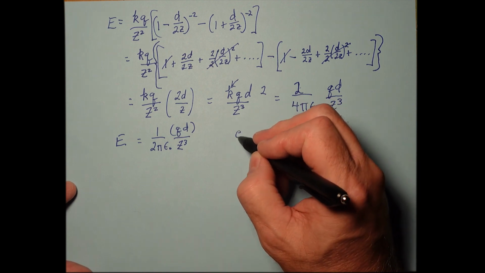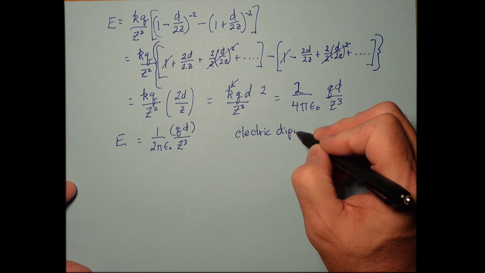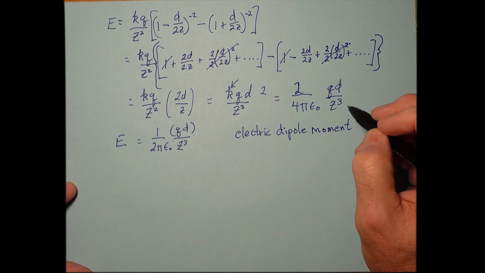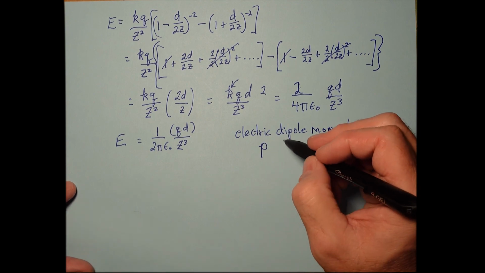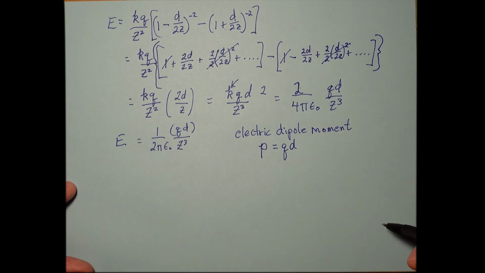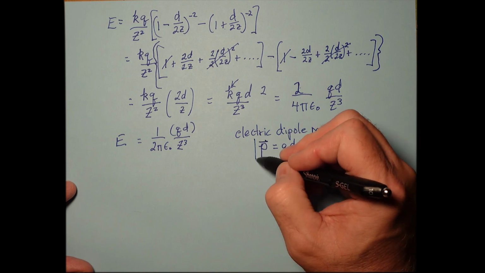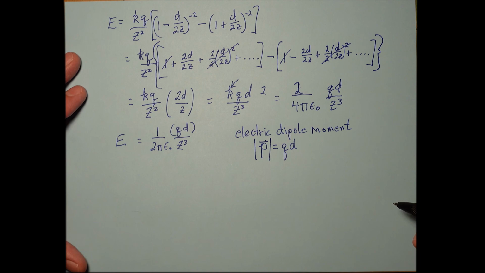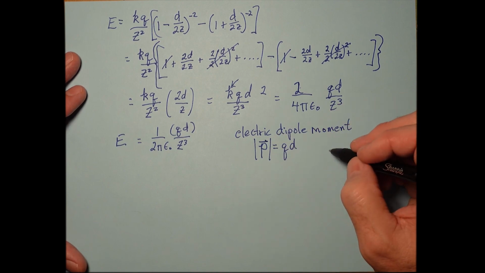That's called the electric dipole moment. Okay, what is the electric dipole moment? The variable that describes it is P, and it is equal to Q times D. Now, it turns out that P is a vector, so its magnitude is just Q times D. And it has a direction, and the direction is like this.